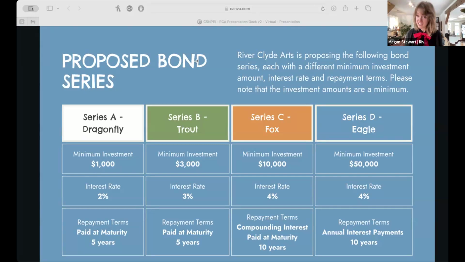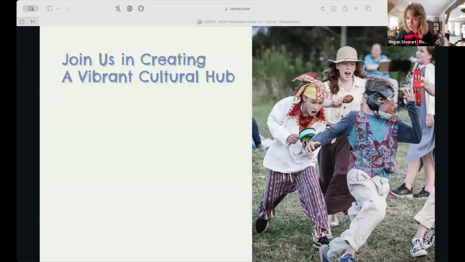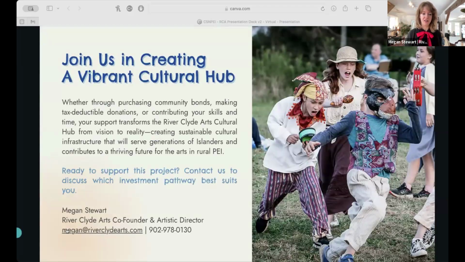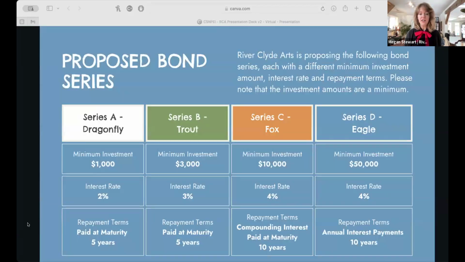There was a ton of publicity generated just by the launch of their campaign, which then brought out a major donor who contributed like $200,000 to the project. They sold all of the bonds that they were looking to sell. And then I think they were able to buy their building this June.